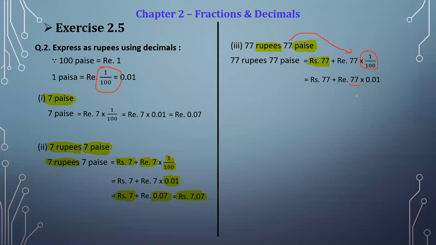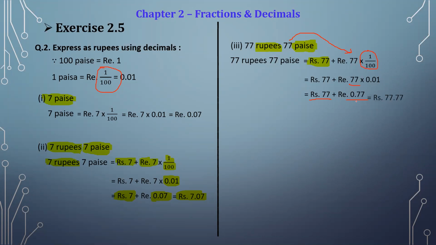We all know that 77 ones are 77, and after multiplying with 77 we get the answer 0.77.